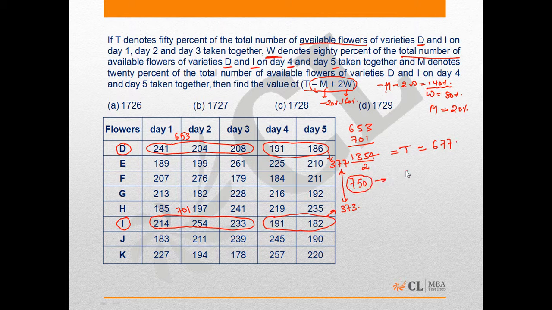So this is 750, 100%, plus 40% of 750 is 300. So this is 1050. This is the value of minus M plus 2W, and this is the value of T. So if I add these two values, I am adding 1050 and 677.